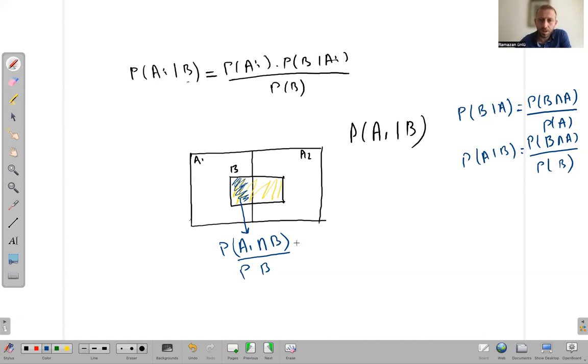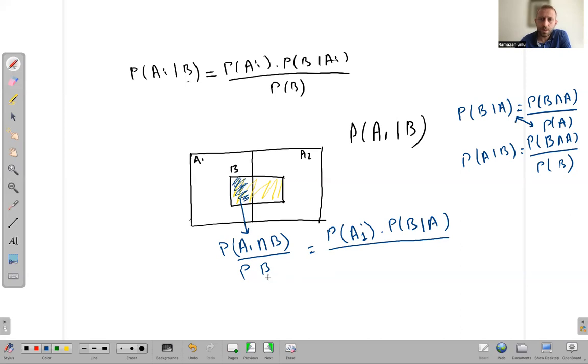So I can rewrite A intersect B as the multiplication of two terms: P(A1) times the probability of B given A1.